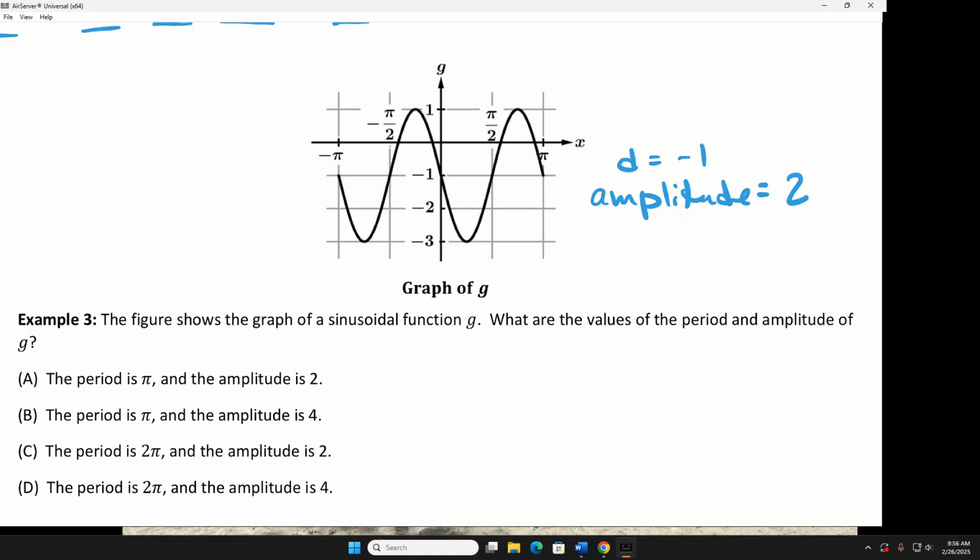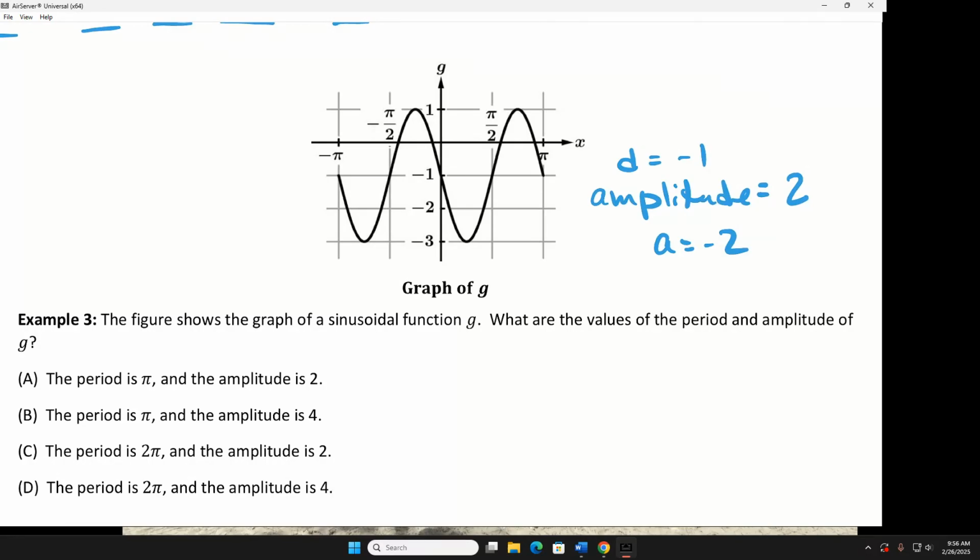Why do you think I didn't say what A is? It is negative. So if I'm starting at 0, that is an upside down sine. So this one also has that reflection. So A would technically be -2. Amplitude, always positive.